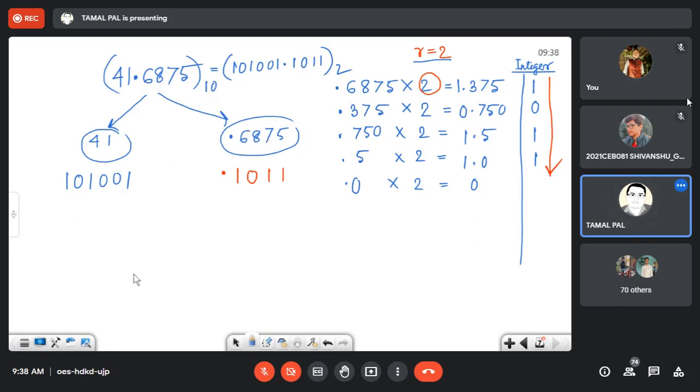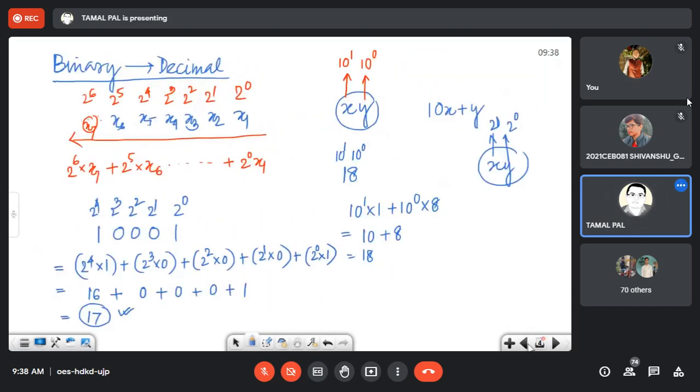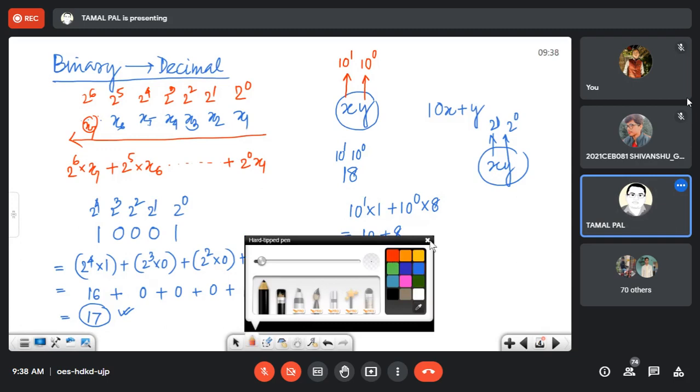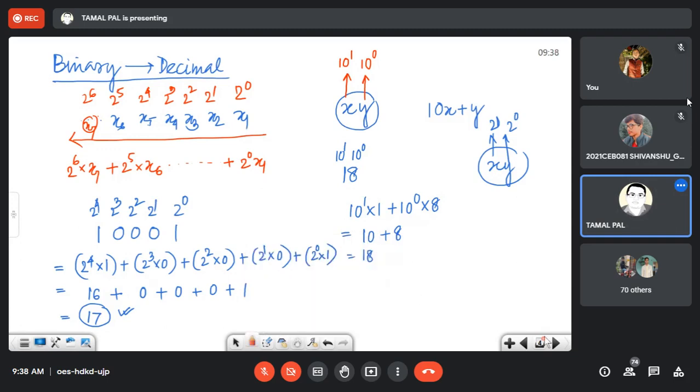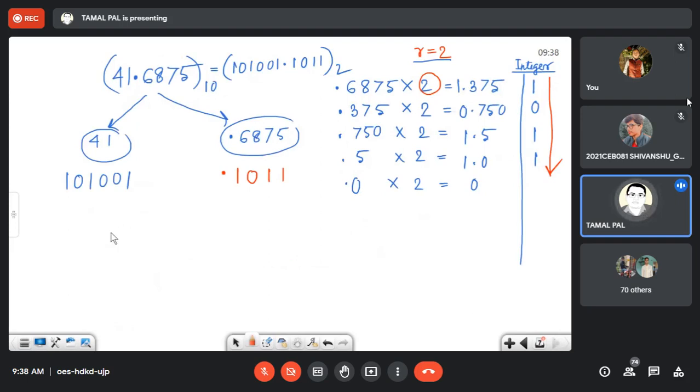Now we had done it. I go back to some slides before. We had discussed this weightage for integers. If it is a fraction, what happens? These weightages are negative.